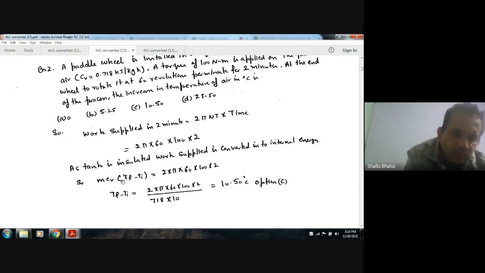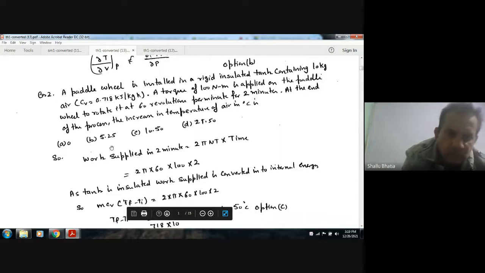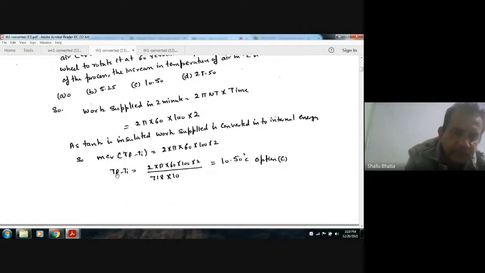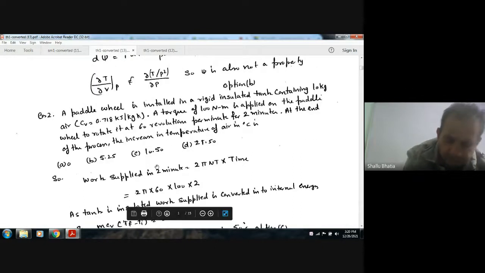So Tf minus Ti is given by the work divided by m Cv, where m is 10 kg and Cv is 0.718. So Tf minus Ti is 10.5 degrees Celsius. So option C is the right answer.